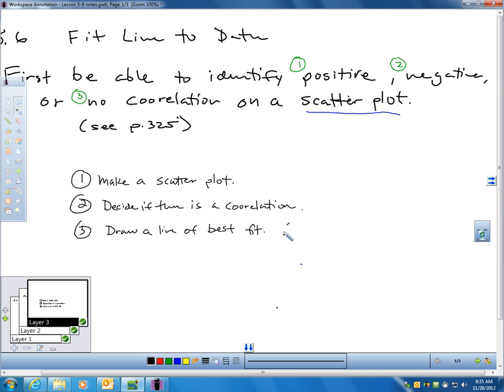Okay, and I'll just put down if there is a correlation. We draw a line of best fit. And finally, to wrap things up, we would write an equation. Write an equation of that line.